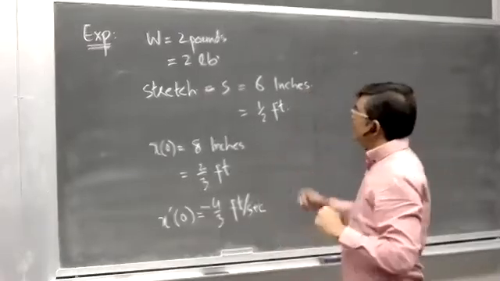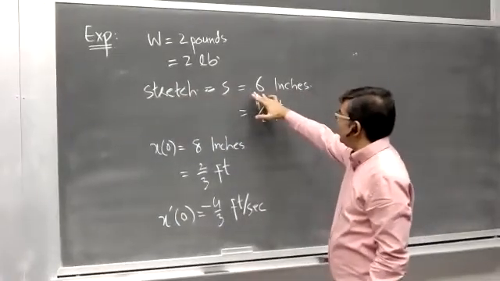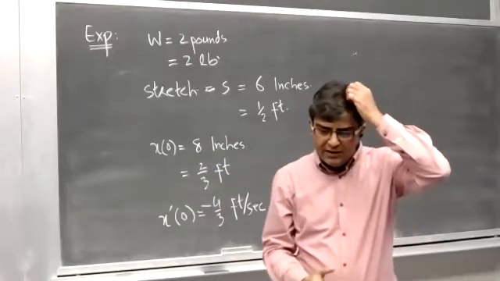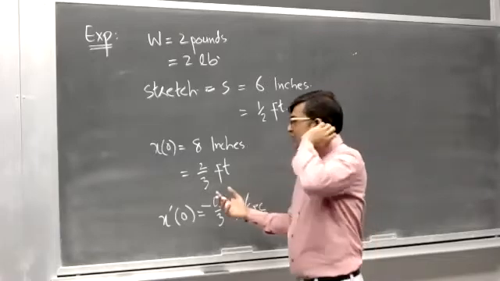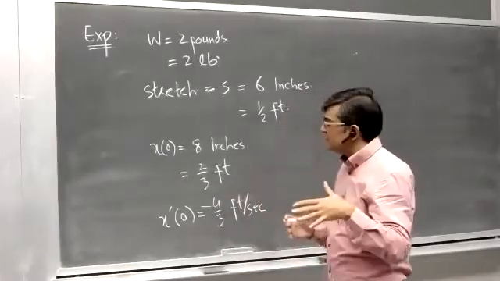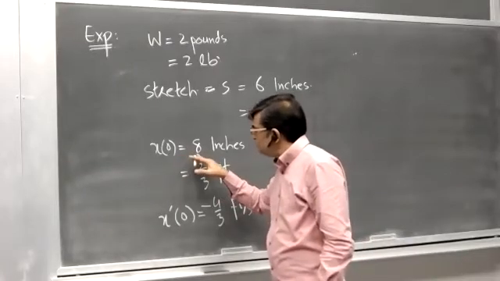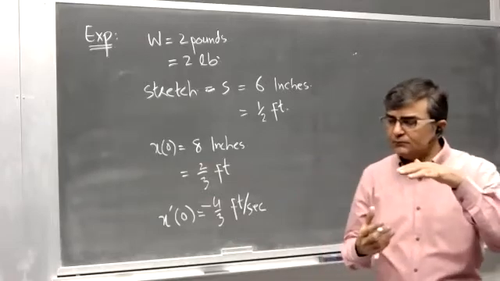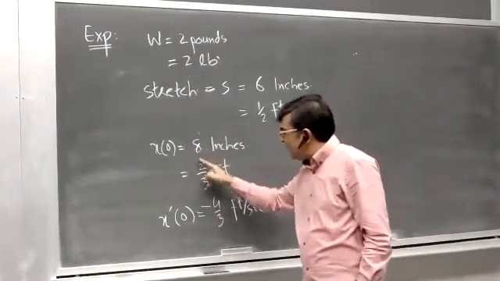The stretch in the spring is 6 inches, and the mass started moving below the equilibrium position, 8 inches below.